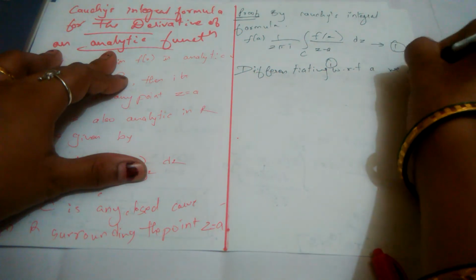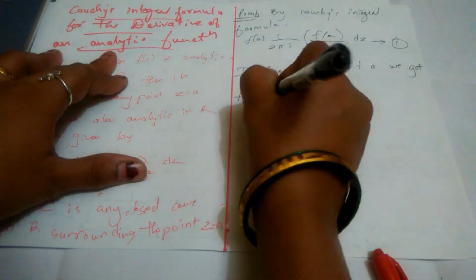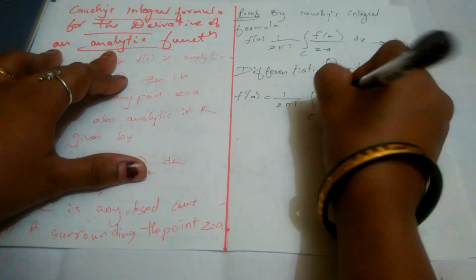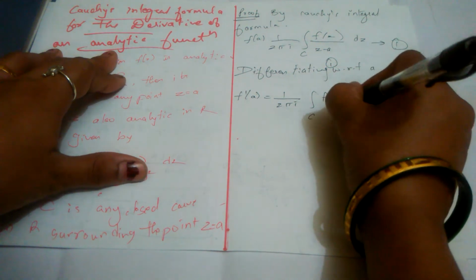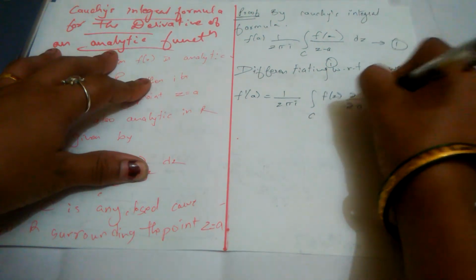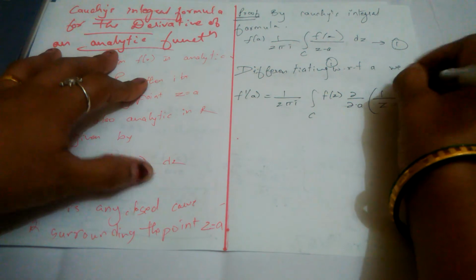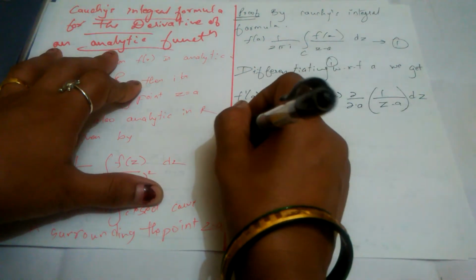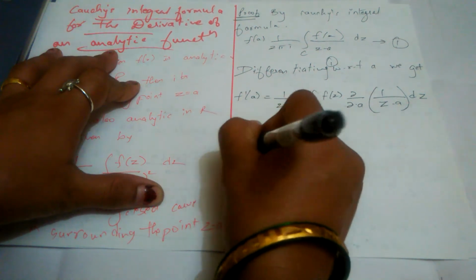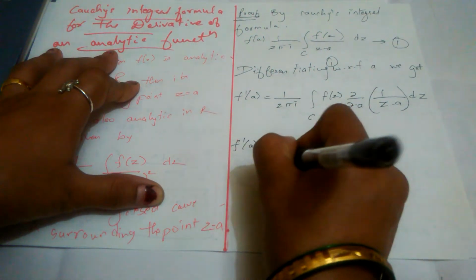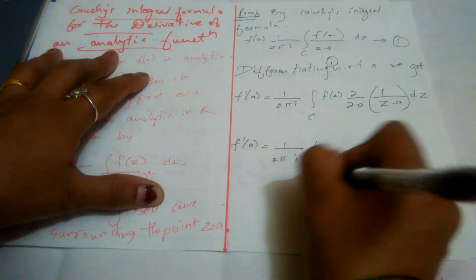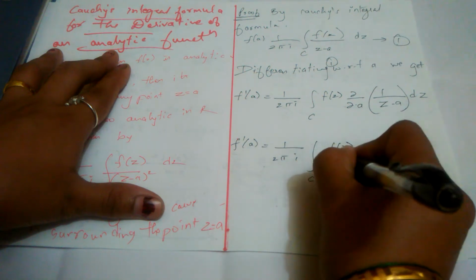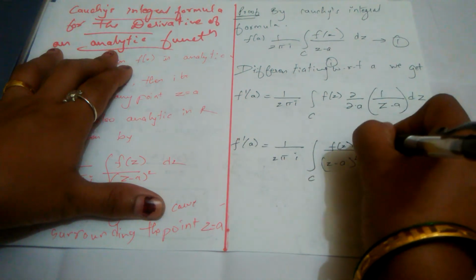So I'm getting f dash of a is equals to 1 upon 2 pi i integral c f of z, differentiating 1 upon z minus a with respect to a, into dz. So f dash of a is equals to 1 upon 2 pi i integral c f of z divided by z minus a the whole square into dz.